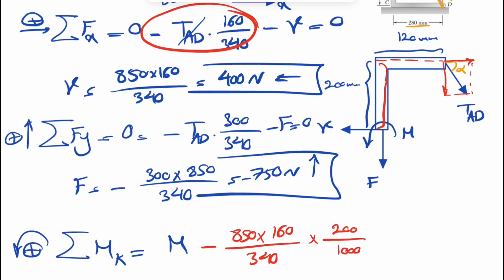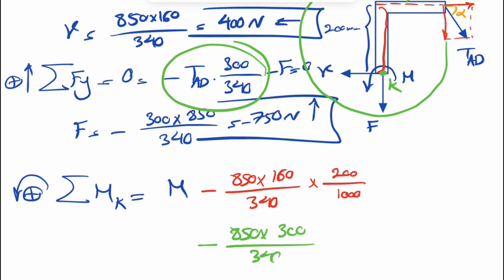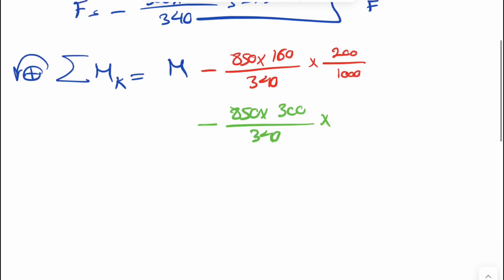Let's go with the moment of the y component. This one's also clockwise about point K, so another negative moment, minus 850 times the y component, 300 divided by 340, times the vertical distance to the line of action, which is what we have from here to here, 120 millimeter, times 120 divided by 1000, equals 0 because of the equilibrium, so we can find M in here.